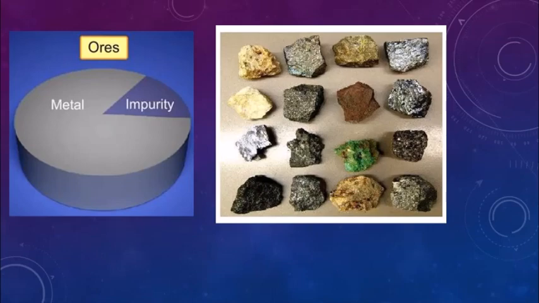So along with the metal compound there are many other impurities present, and these impurities are called gangue. Now the process of extraction of metals from their ores is the main thing that we are going to study in this metallurgy chapter.